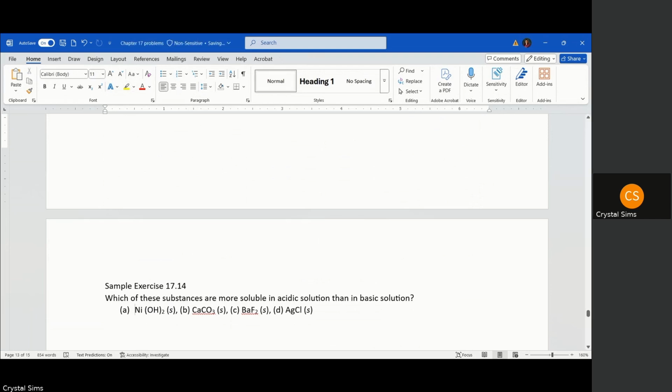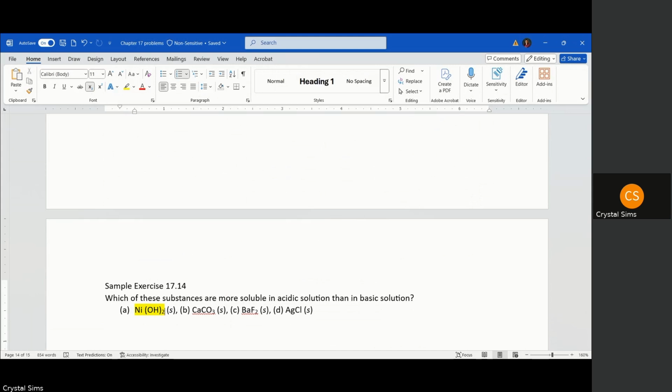It produces a basic anion in the hydroxide. So by putting it into an acidic solution, the hydrogen ion then will react with the hydroxide ion to form water. So yes, that one is more soluble in an acidic solution. All right.